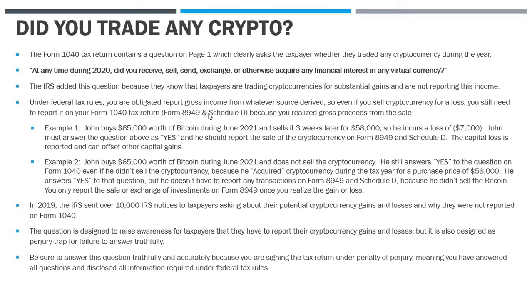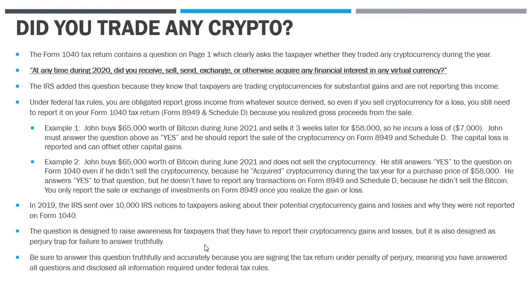He doesn't have to do anything with his Form 1040. But if I gift him, instead of cash, if I gift him Bitcoin of $2,000, he has to answer yes to this, right? Because he received Bitcoin, not necessarily income to him, because it's a gift, but he still has to report yes as the receipt of a cryptocurrency.